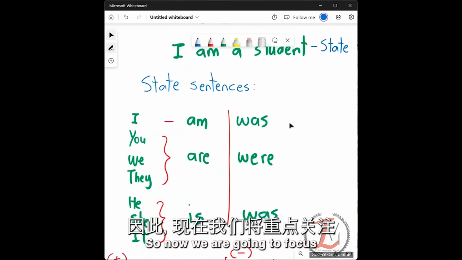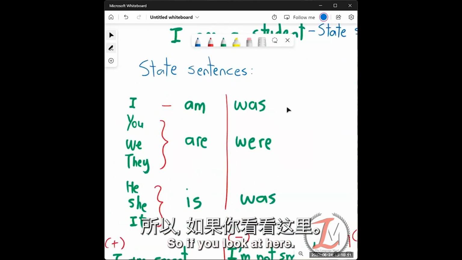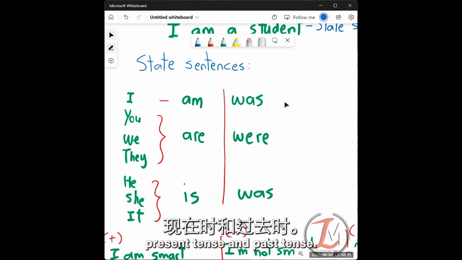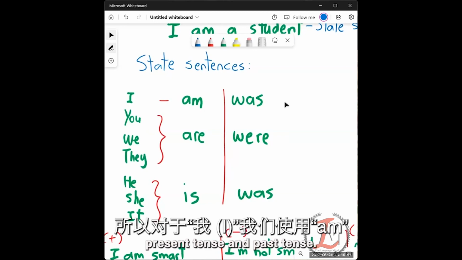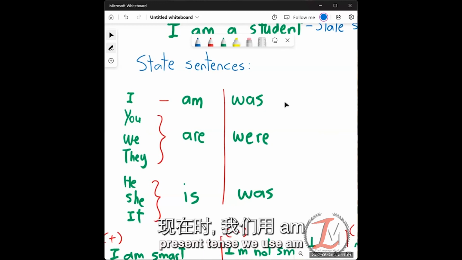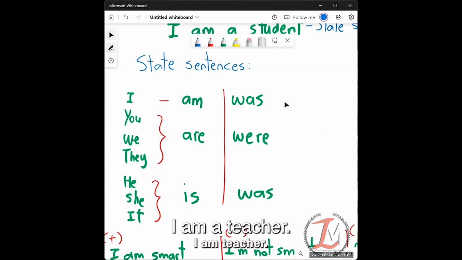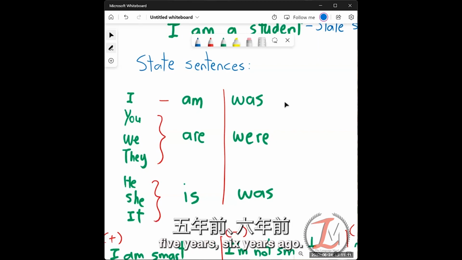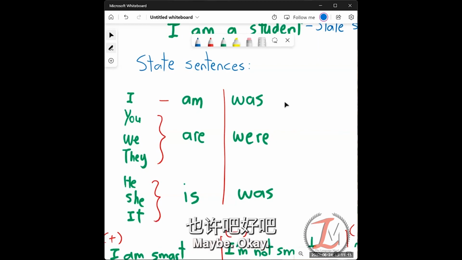So now we are going to focus on the state sentences. If you look here, these are the be verbs, present tense and past tense. For I, we use am. Right now, present tense, we use am. I am a teacher. Was, past tense. I was a student 5 years, 6 years ago, maybe.